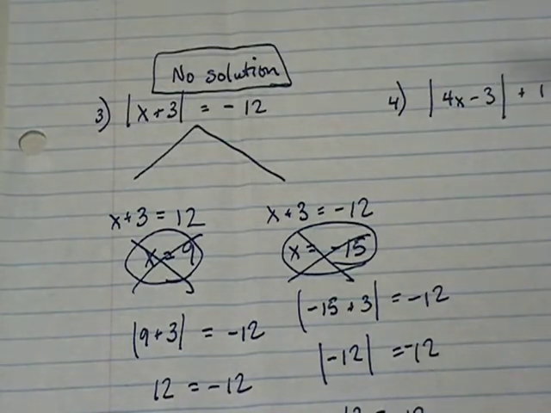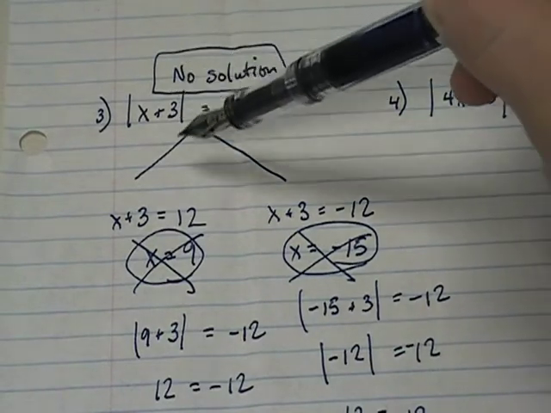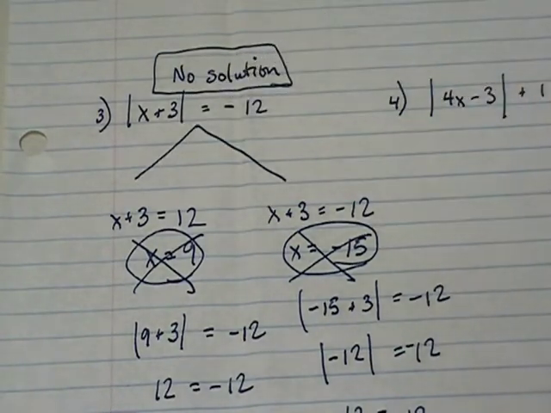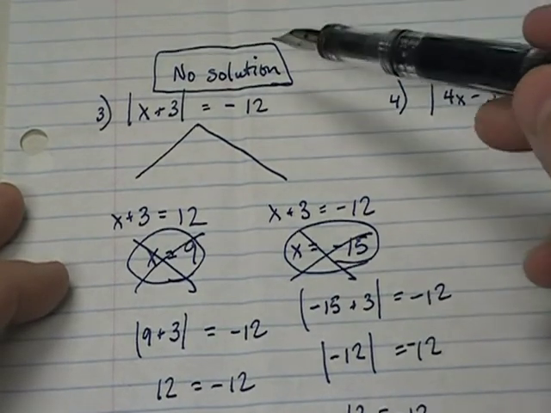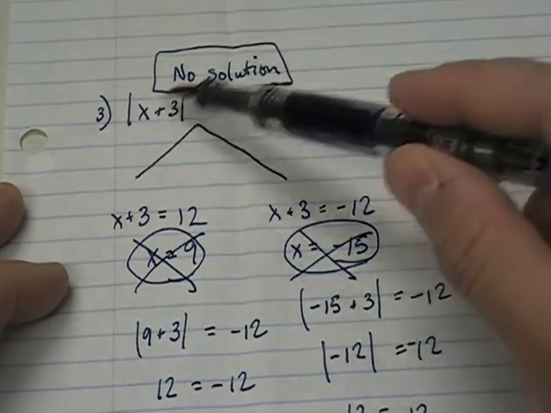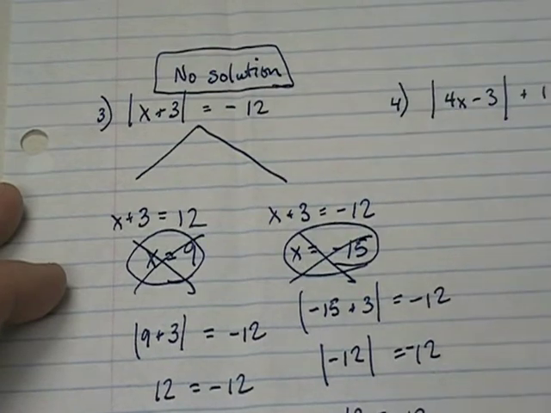Absolute value will never equal a negative number. This is impossible. And so whenever you get an absolute value quantity equals a negative number, you can very immediately just know it can't work. Absolutely can't work. And so instead of working this and then finding out that these solutions are incorrect, you can very simply look and say the absolute value equals a negative number. It has to be no solution.